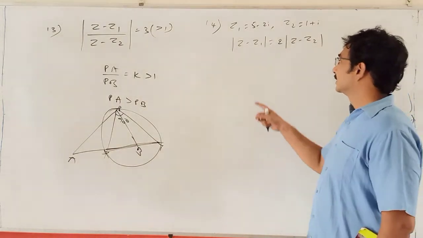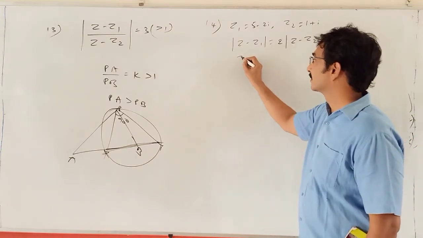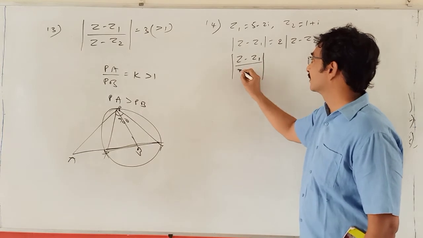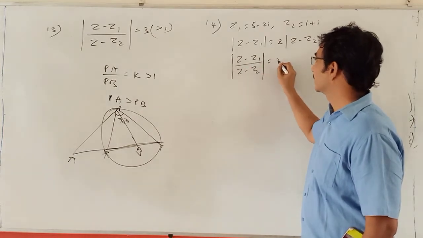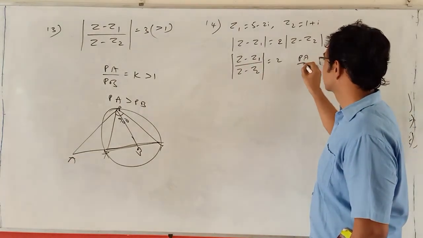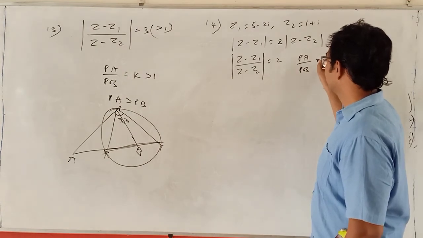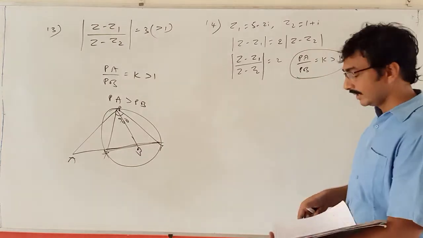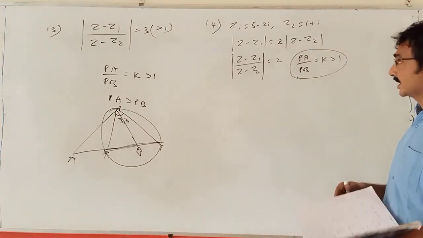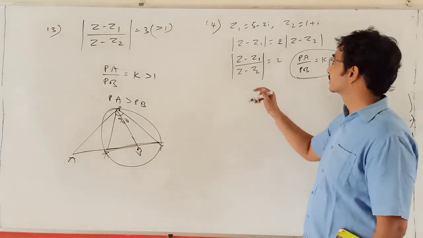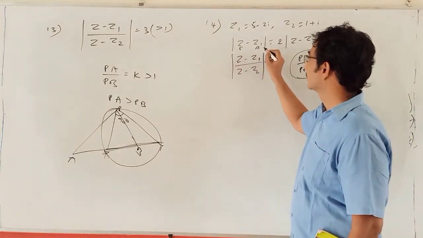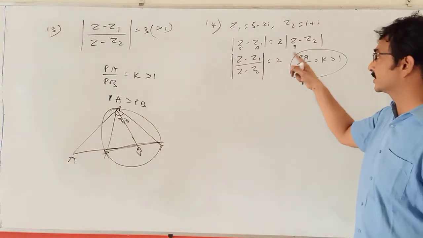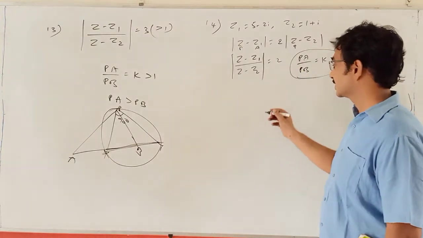Okay. So clearly from this one, modulus of Z minus Z1 by modulus of Z minus Z2 equal to 2 means PA by PB equal to K, the K greater than 1 case. Now required is the area of the triangle PAB. So this is P, this is A, this is B. First I am drawing the locus related to this given condition.